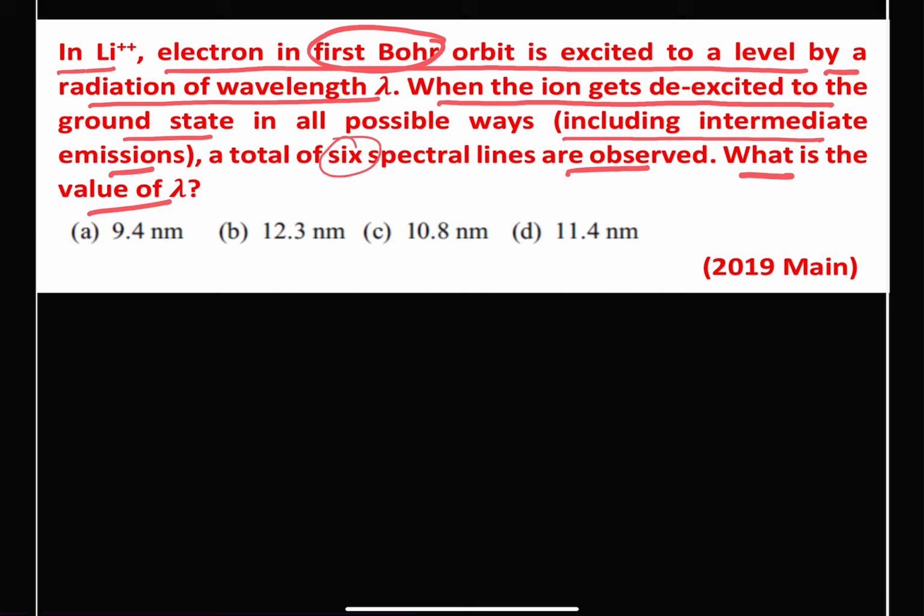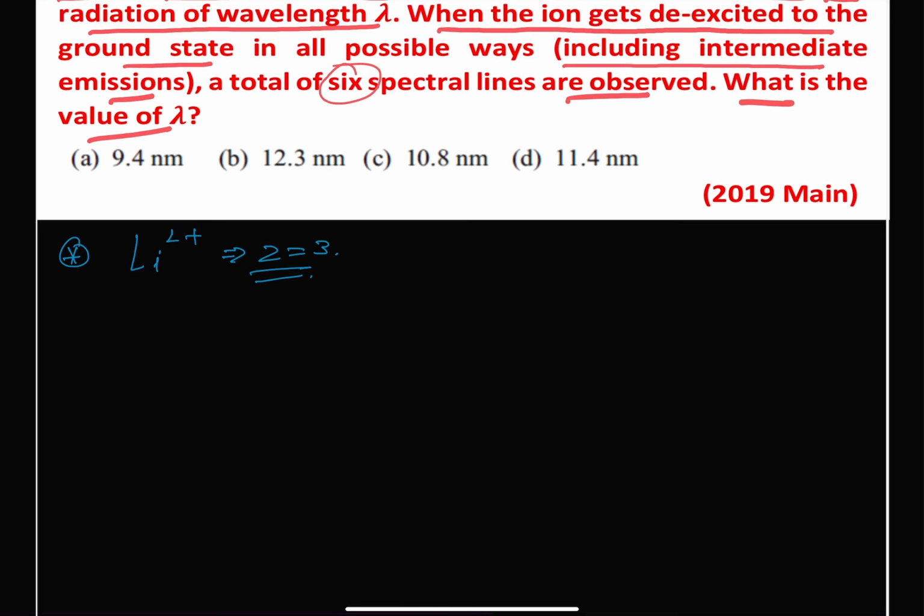So we are given that we are having lithium 2 positive, which gives us that the value of Z is equal to 3, and number of spectral lines is given to us as 6.